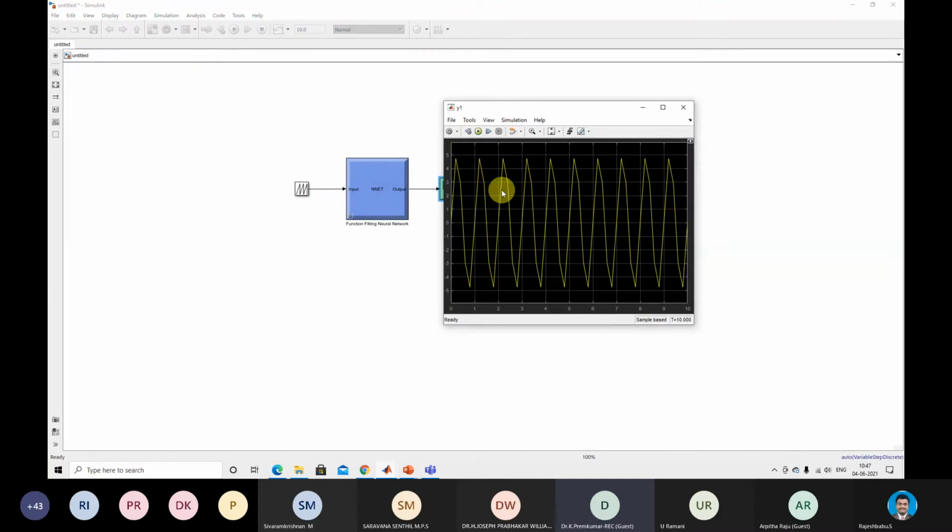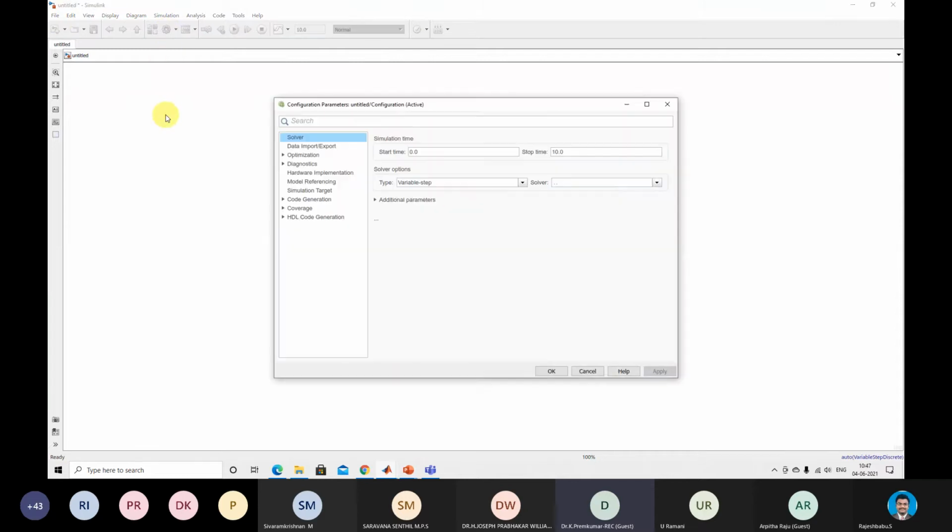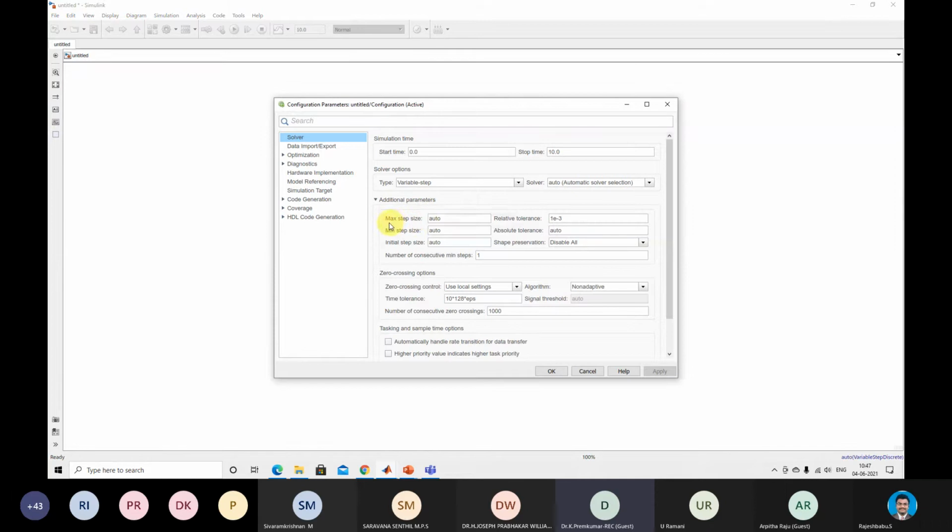So here what happens, you are not getting a sinusoidal because of the sampling time of this Simulink block. This Simulink diagram has some sampling time, so that should be adjusted accordingly. In the maximum step size, it is set to auto. Here you can change the sampling time, that means the maximum step size, to e to the power minus 5.